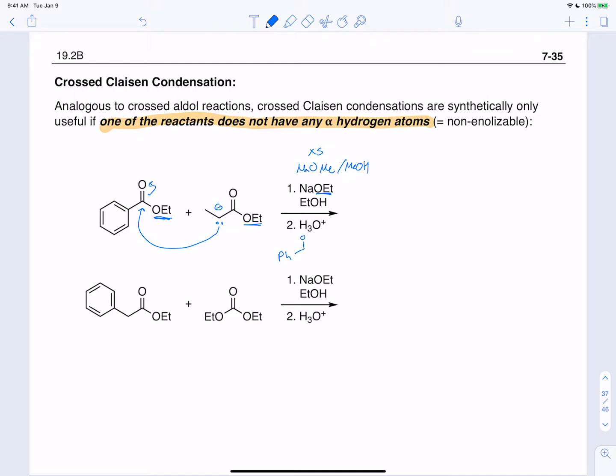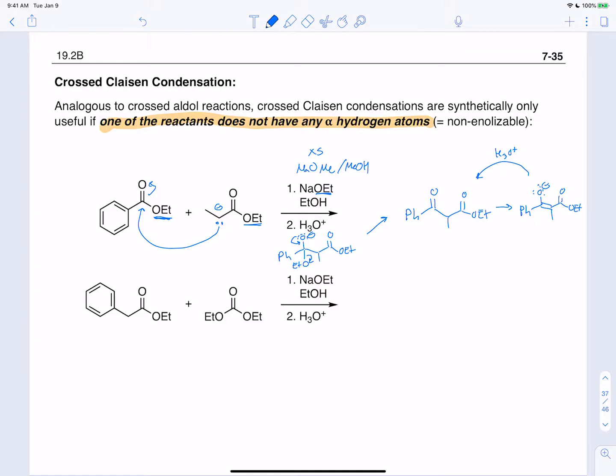We will have a tetrahedral intermediate form that quickly collapses and now makes alpha beta unsaturated esters that under the reaction conditions will be deprotonated and get stuck in this stable conjugate base form until we add our aqueous workup to get the alpha beta unsaturated carbonyl we want out.